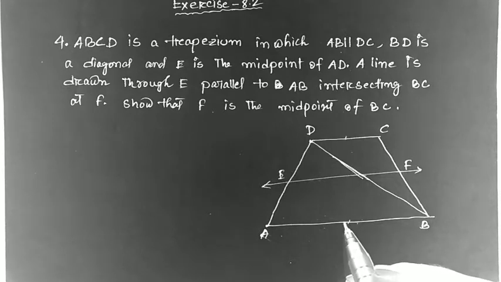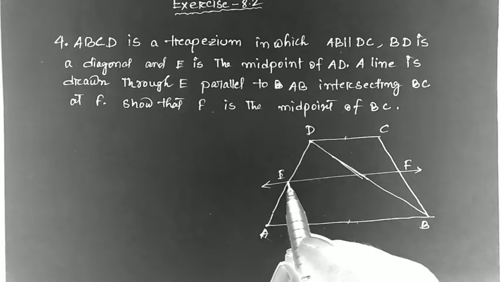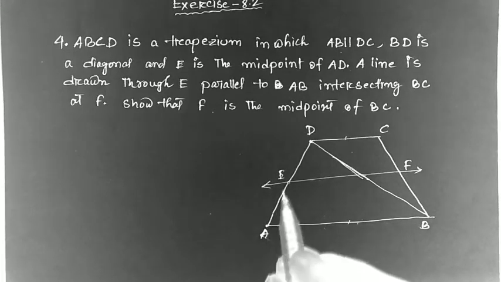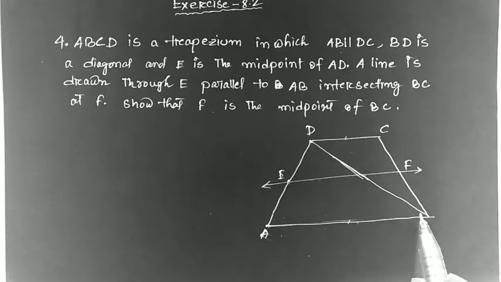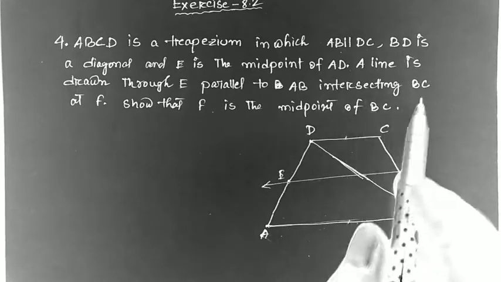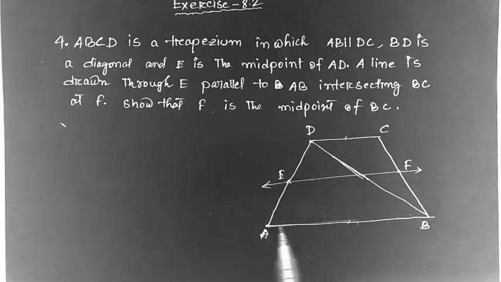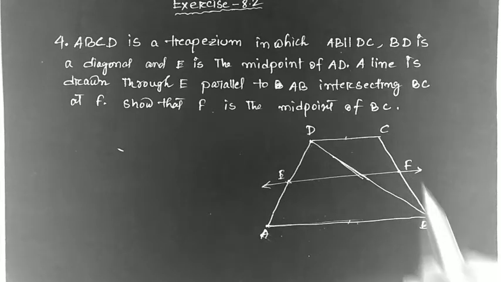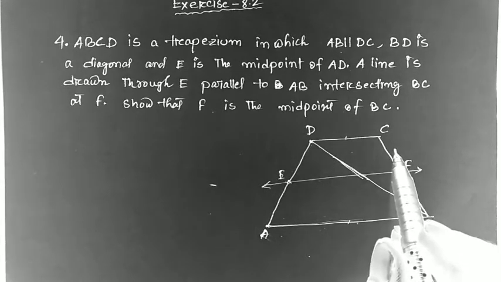Also, BD is the diagonal and E is the midpoint of AD, and through E a line is drawn parallel to AB, intersecting BC at F. We need to prove that this F is also the midpoint of BC.